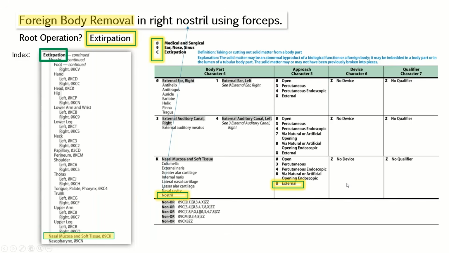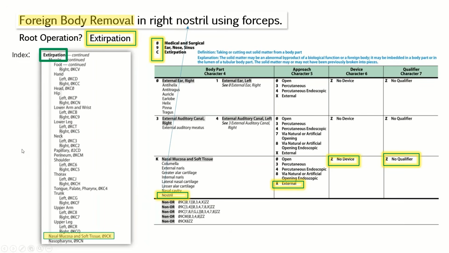Our 6th is no device. Our 7th is no qualifier. Now, this is external because this would not be considered a natural or artificial opening. This is external because it's the nostril. Now, if it were in the nasal canal, that'd be different, but this is definitely external.